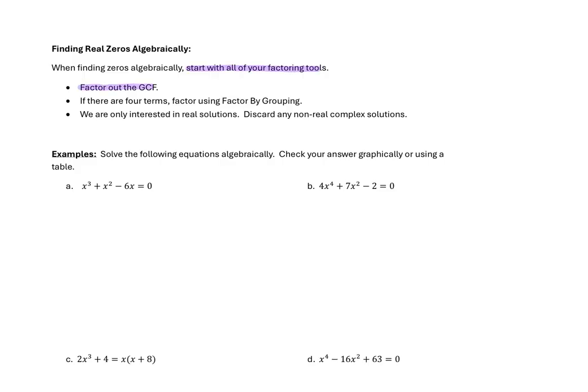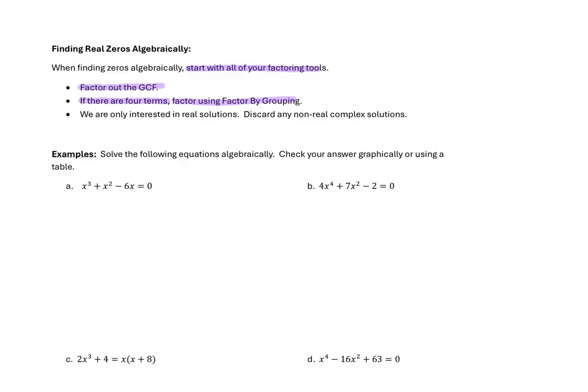We always want to check if we can factor out a GCF. If there are 4 terms, we want to try factor by grouping. And one thing to note is we are only interested in real solutions. If we have any non-real complex solutions, we're going to discard them.